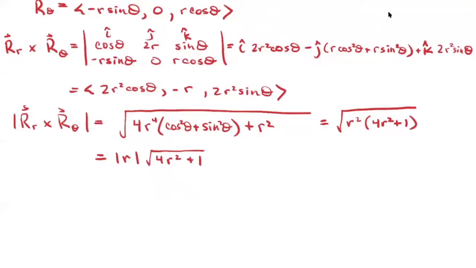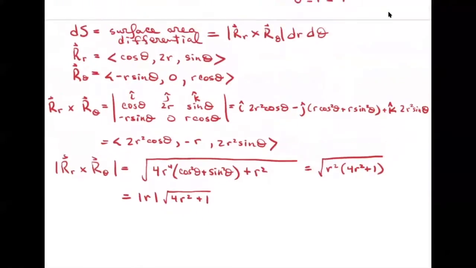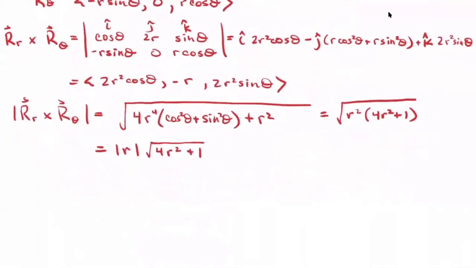Okay, but reminding ourselves that r is between 0 and 4, we don't need the absolute values. And you can say this is equal to just r times the square root of 4r squared plus 1. So that's the cross product that will give area.